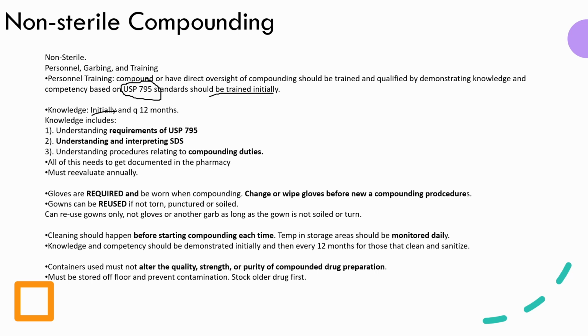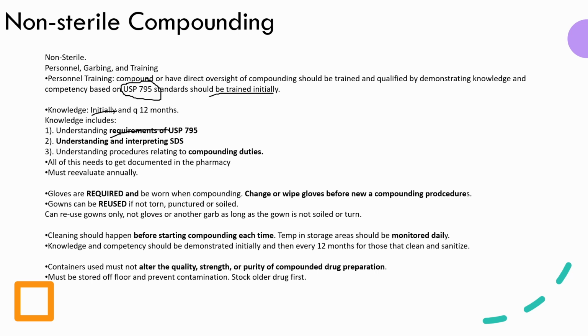Knowledge should include the requirements of 795, understanding and interpreting the SDS, which are the safety data sheets, and understanding procedures relating to compounding duties. All of this needs to be documented, and the pharmacy must reevaluate annually. Gloves are required and must be worn when compounding.